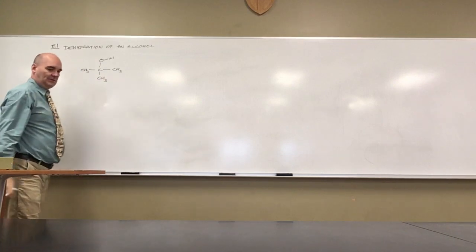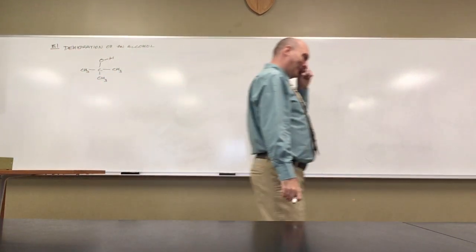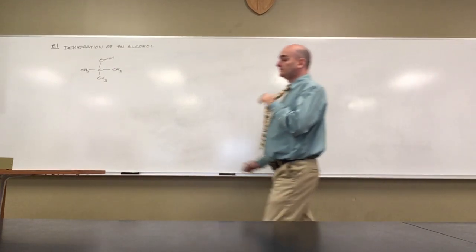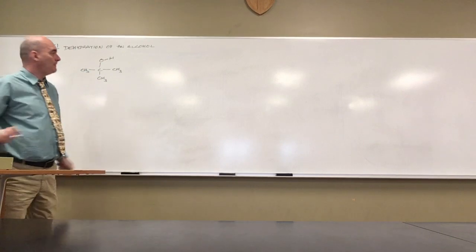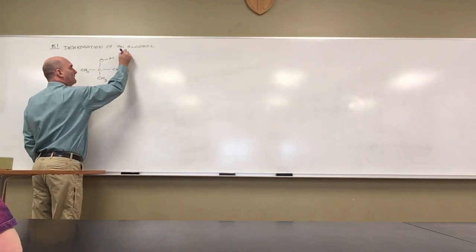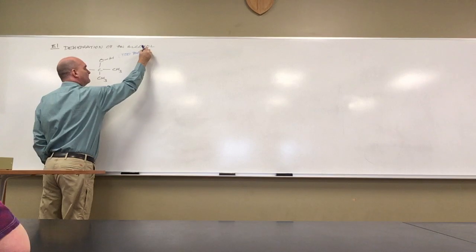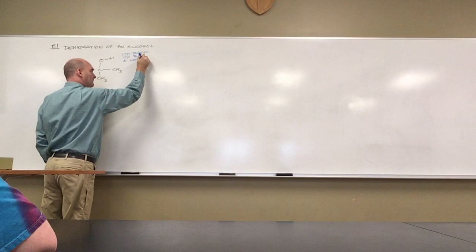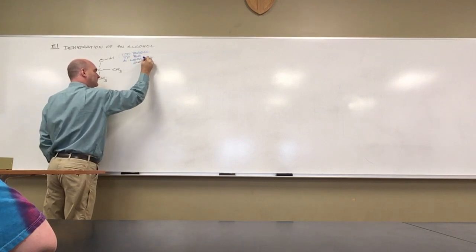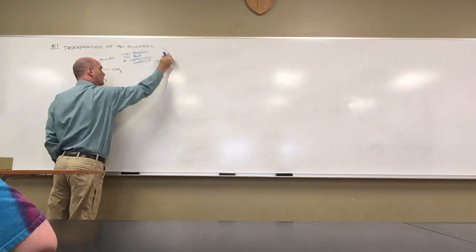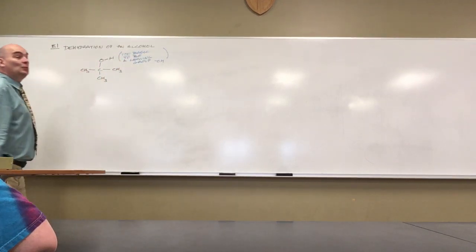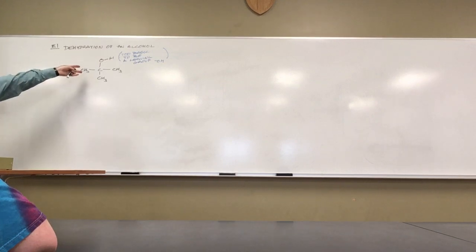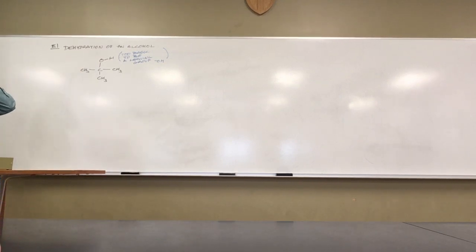There you go, there's our 2-methyl-2-propanol again. The alcohol itself is too basic to be a leaving group, because my leaving group, if I had it leave, would be hydroxide, and hydroxide is a powerful base.